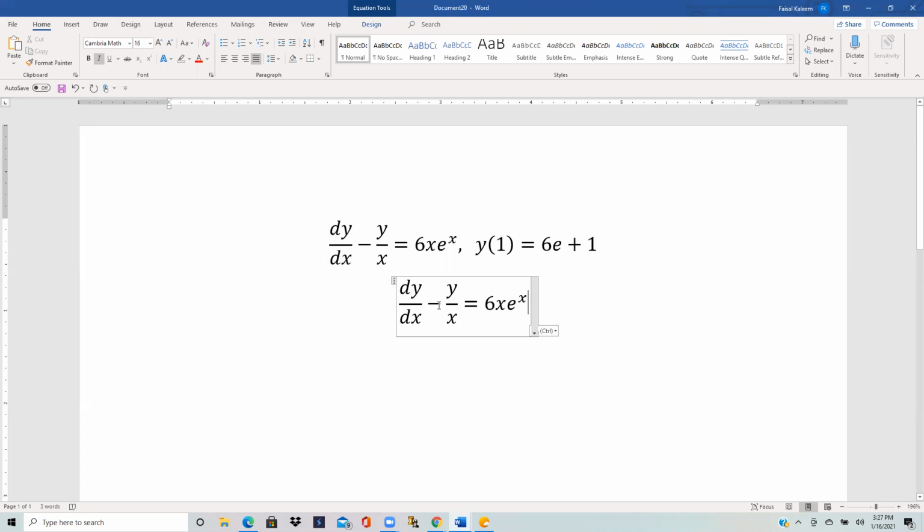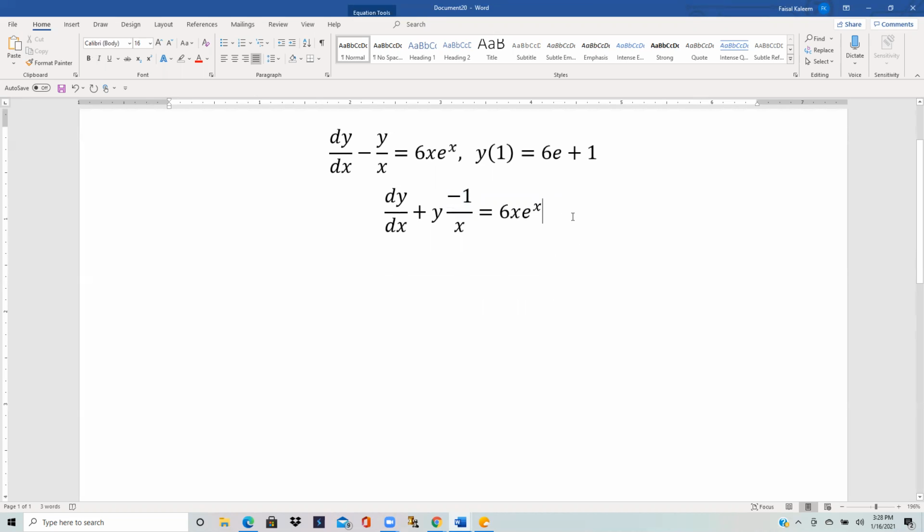If we write it as plus y times negative 1 over x, we can write the y outside, and we can write y times negative 1 over x. And now this is the form of a linear equation, dy over dx plus y times a function of x equals another function of x.